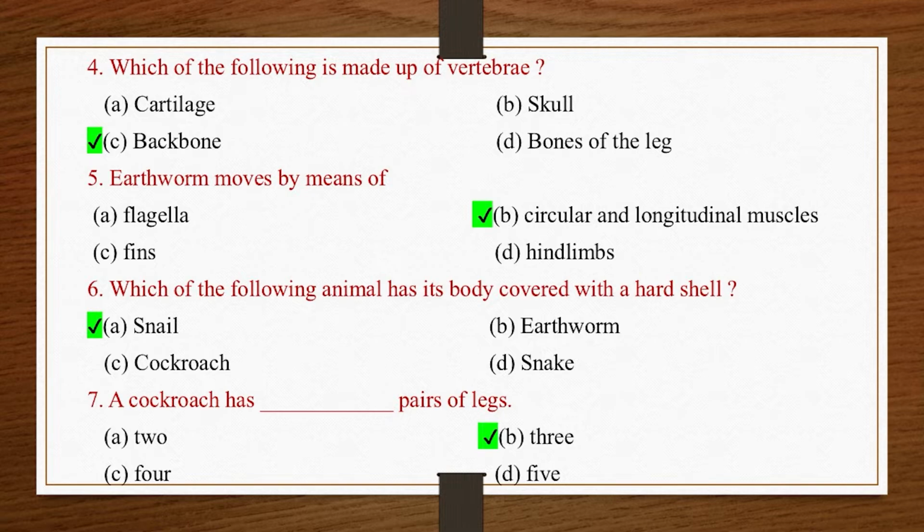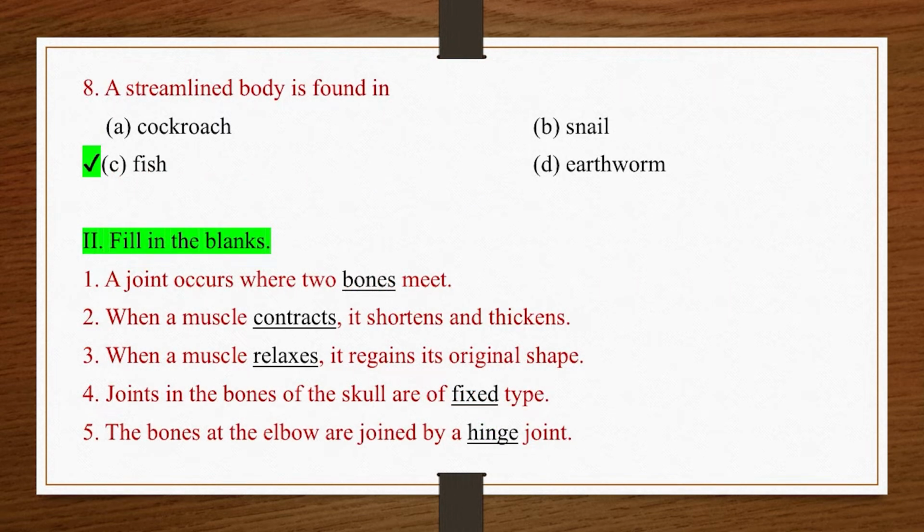A cockroach has underscore pairs of legs. A. 2, B. 3, C. 4, D. 5. 8. A streamlined body is found in A. Cockroach, B. Snail, C. Fish, D. Earthworm.